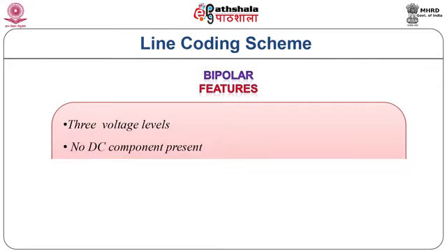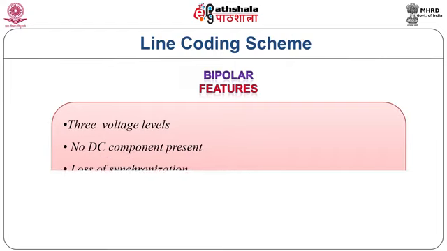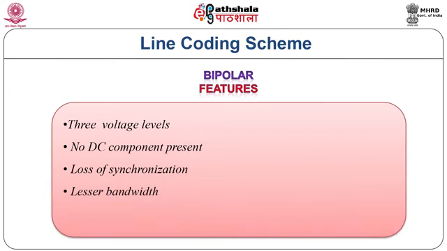The presence of alternating code in this encoding prevents the buildup of DC voltage in transmission lines. The existence of long sequences of zeros and ones produces no transitions in the data stream, and therefore arises the loss of synchronization. Here, there is no mid-bit transition, hence lesser bandwidth is required.